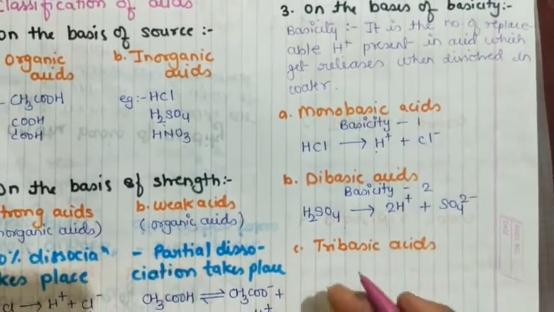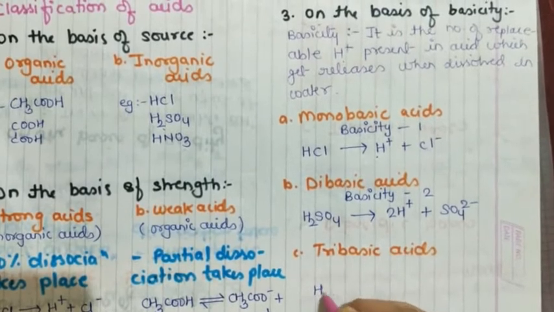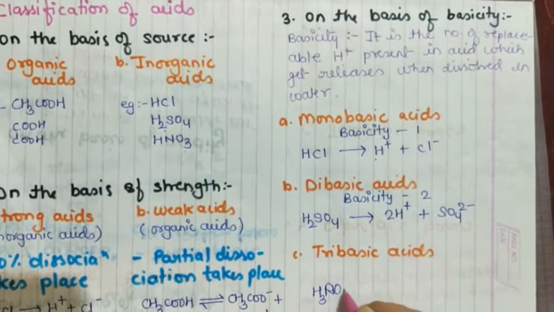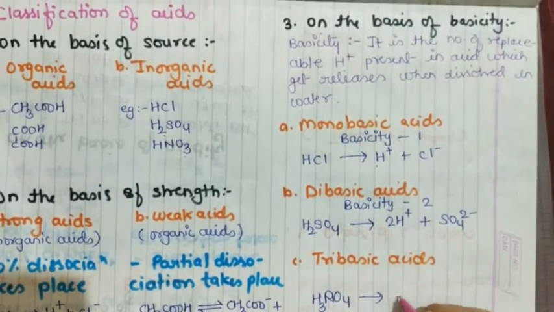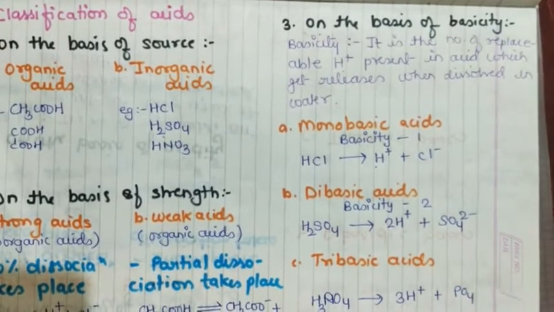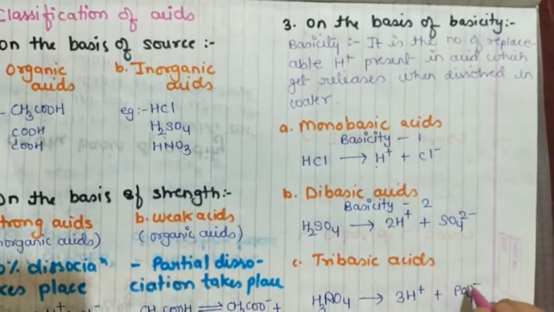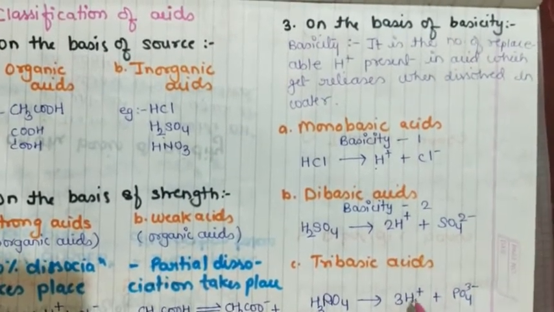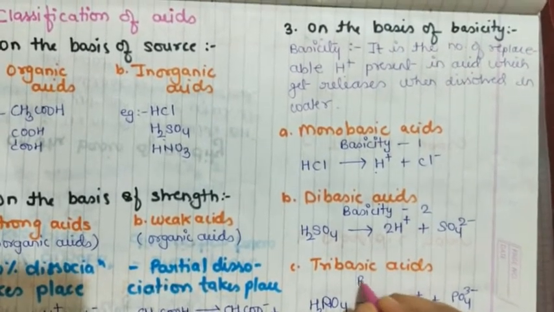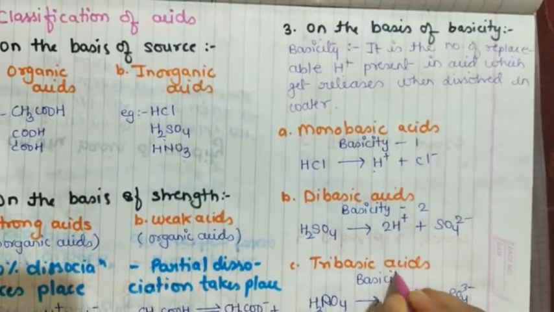If we talk about a tribasic acid, we will take an example, suppose H3PO4. What will be the basicity? 3H plus and PO4 3 minus. Here 3H plus is released, so the basicity will be 3.